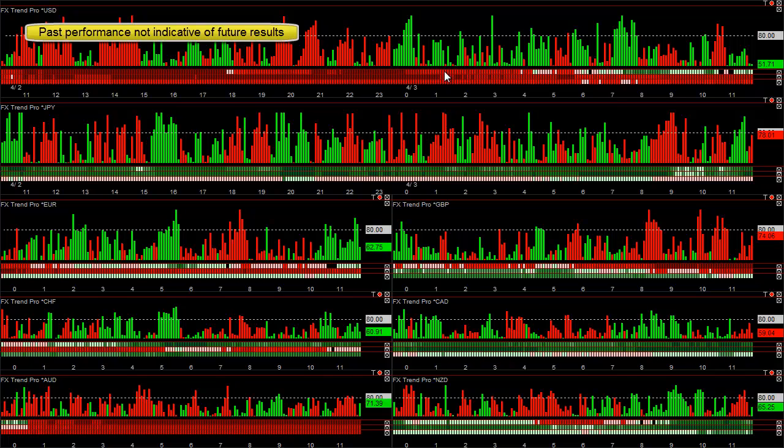So when you see some strength in the dollar now, if you just brought the software up, you would see green all the way back, and you wouldn't have realized that the dollar was extremely weak for most of the day until maybe around 4:30 it started to lose some of its weakness.